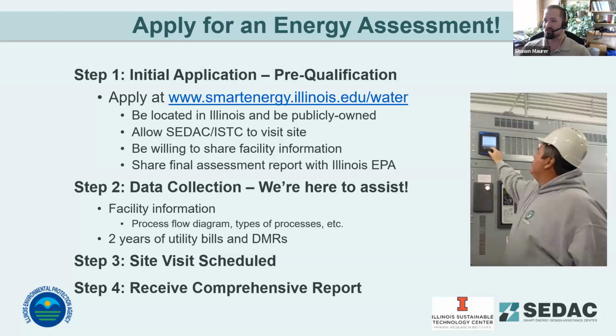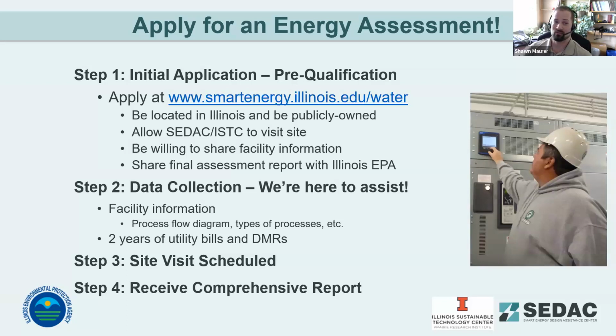A little bit more about our program. If you're interested in an energy assessment, you can apply at our website as listed there. To qualify for the Public Water Infrastructure Program, you have to be located in Illinois and be publicly owned. You have to agree to allow us to come out to your site and document information about your facility. You have to be willing to share that facility information with us, including operating reports if you're a water plant, and discharge monitoring reports if you're a wastewater plant.